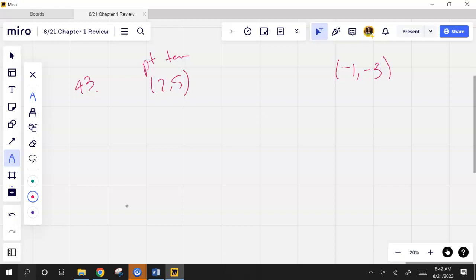That's just a basic slope problem. 5 minus -3 over 2 minus -1. 8/3. 43 says D, 8/3.